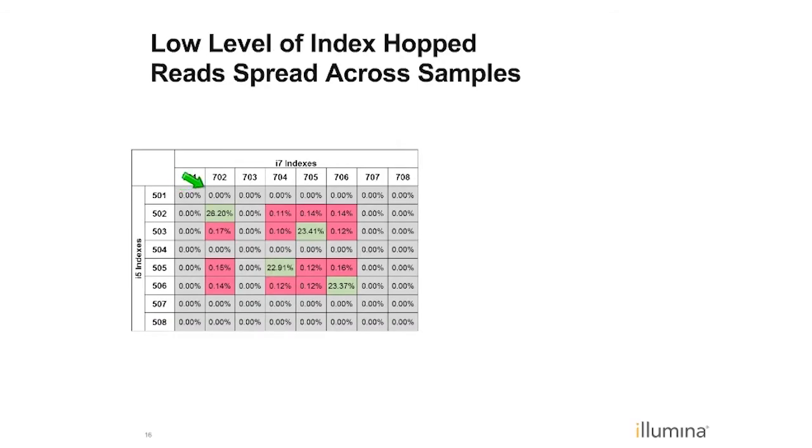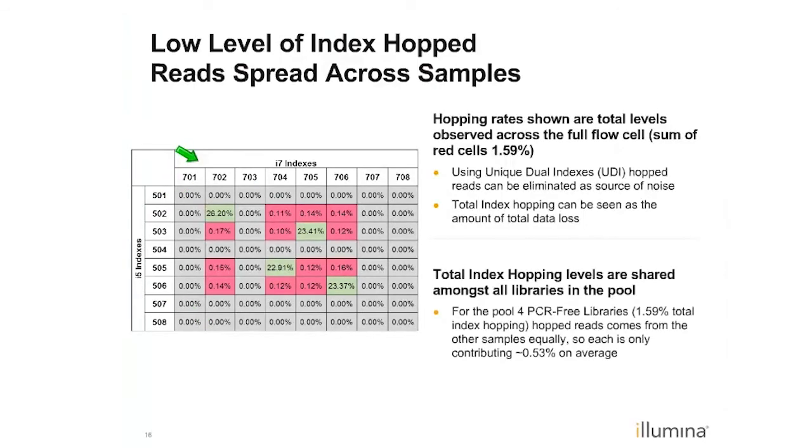This shows the results of taking the unique combinations of adapters and using them in a 4-plex to create PCR-free libraries. We made 4 libraries using these combinations, 702, 502, 705, 503, et cetera, that are shown in these green boxes I'm pointing to.